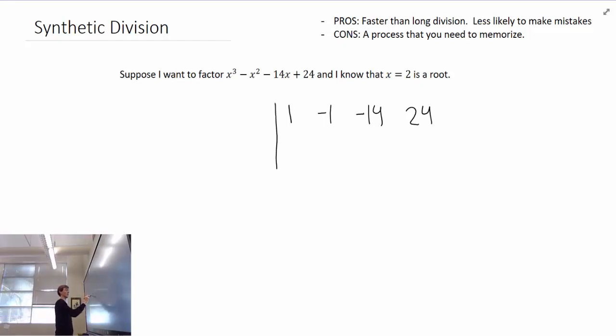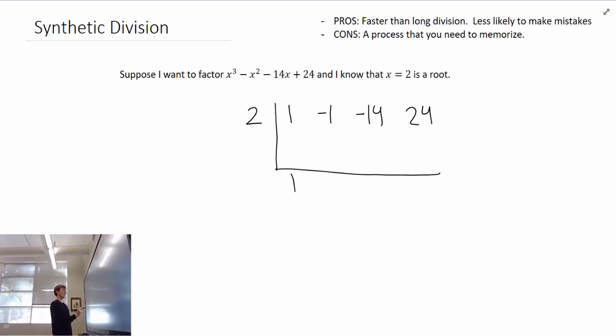Okay, so now I'm going to drop a line like so, and the root I'm just going to put right here, keeping in mind that that's the root itself. Even though the factor is x minus 2, I actually want to put the root 2 here. So the first step of synthetic division is easy. I just take the leading coefficient and I drop it down here.